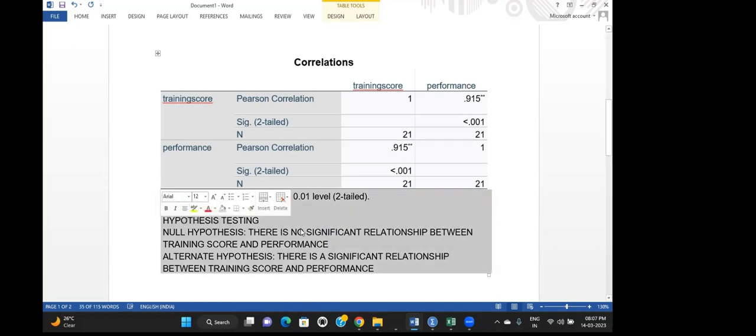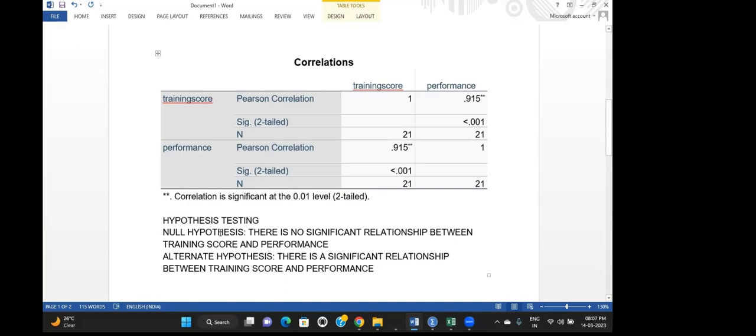So this is the next important thing, that we have to go for hypothesis testing.